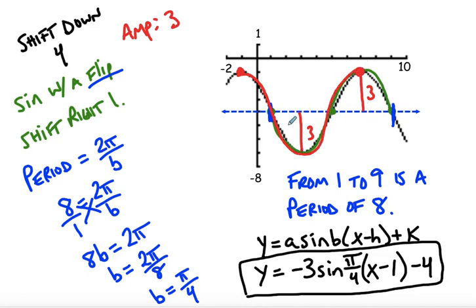It has the same amplitude. It would have the same period. It would be going from -1 to 1, 2, 3, 4, 5, 6, 7. From -1 to 7 is a span of 8, so it still has a period of 8, which means that the b value is still pi over 4.